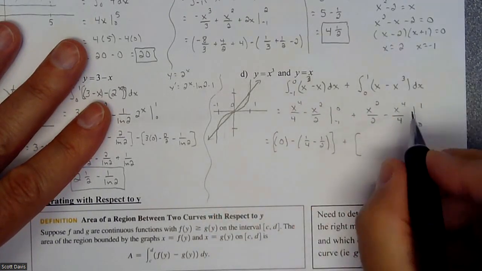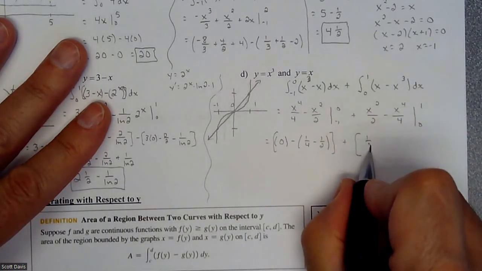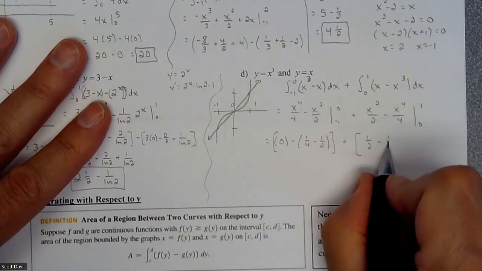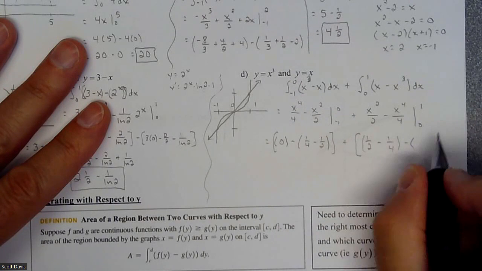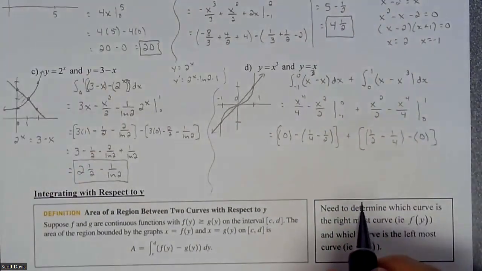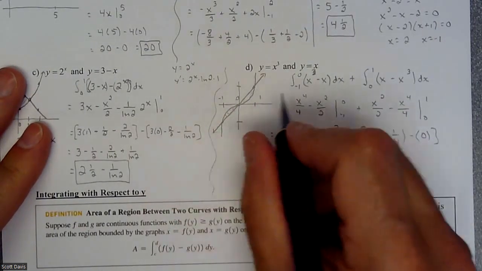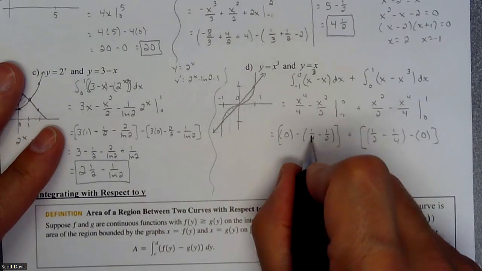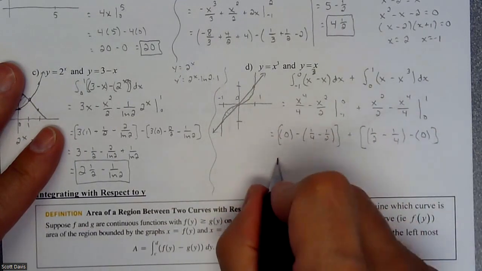Plus, the second chunk is going to be us plugging a 1 in, so that's going to be a 1/2 minus a 1/4 minus the 0 plugged in. All right, so that's the area on the section on the left. So that area is going to be 1/4 minus, we'll call that 2/4.